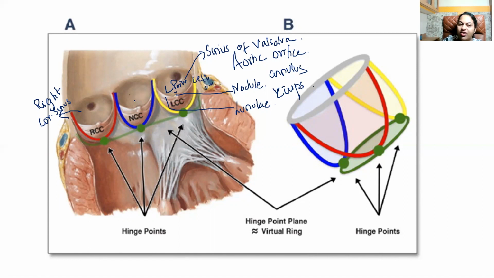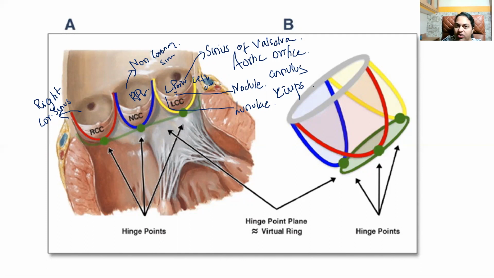And the right posterior sinus, which doesn't give rise to any coronary artery, is called the non-coronary sinus. In clinical terms, they'll just be referring to it as non-coronary sinus, right coronary sinus, left coronary sinus.